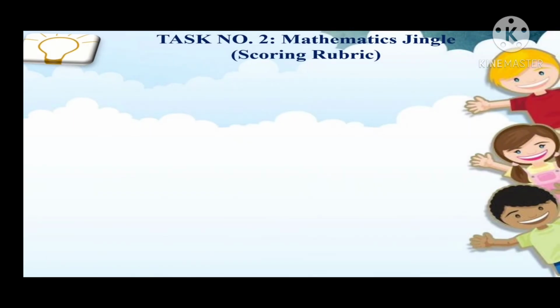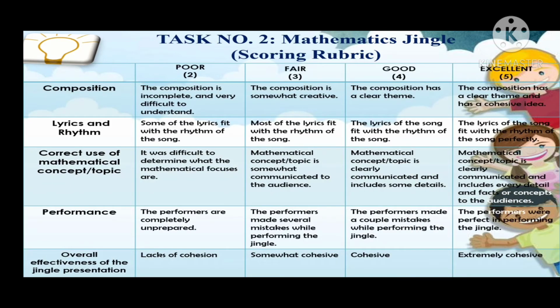Analytic rubric is a tool that provides clear and detailed feedback. The criteria are listed in the left column and the performance levels are at the top. As you can see at task number 2, Mathematics Jingle, the ratings are poor, which stands for 2 points, fair stands for 3 points, good stands for 4 points, and excellent stands for 5 points.